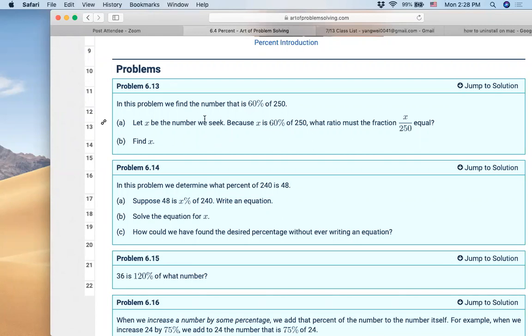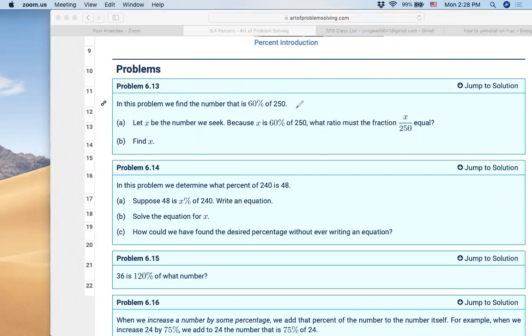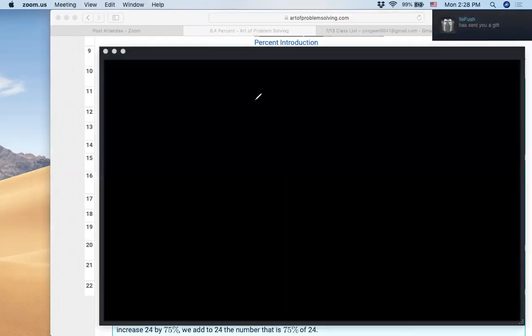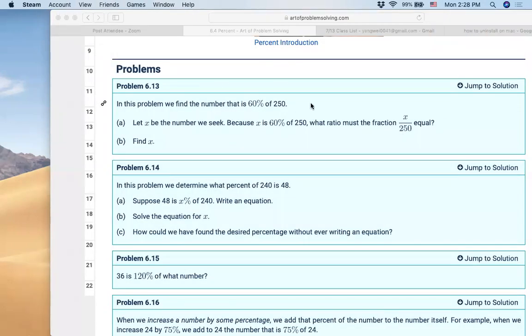This one is very easy. 50% of 250 is 125, right? So you just use this percent times this number.